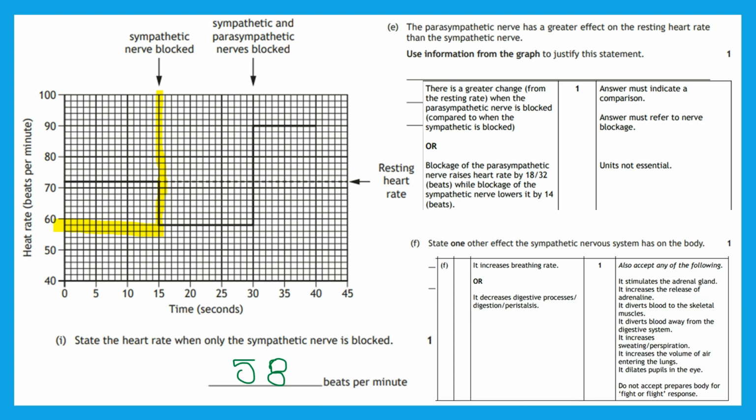But because there are many different effects of the sympathetic nervous system, any correctly named example would have been accepted. Just make sure you give a very specific example, so just stating that it prepares the body for fight or flight would not have been sufficient.